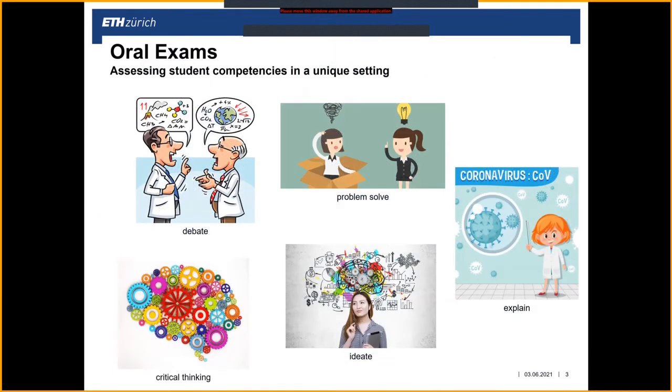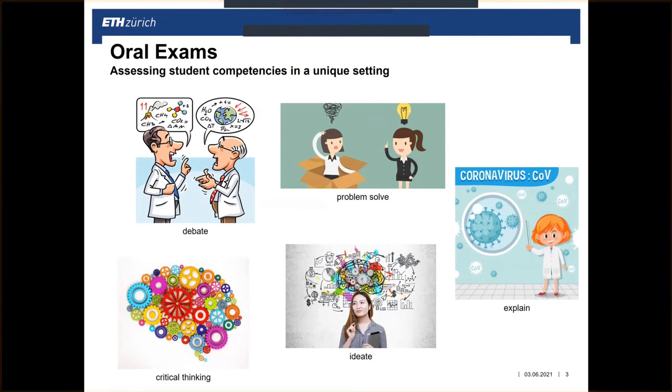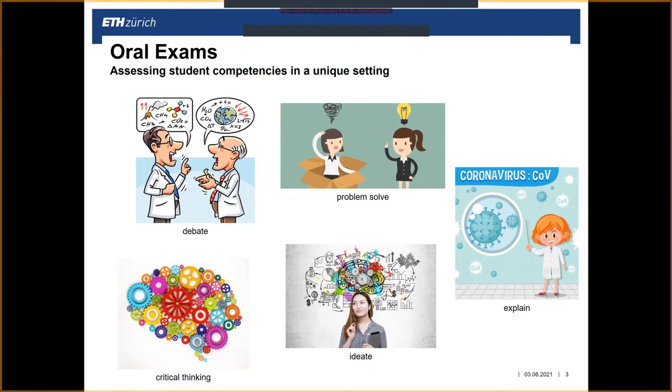So in the first event on oral exams, what the presenters talked a lot about is how oral exams really are a unique form of assessment. And I think what makes oral exams unique is that it allows you to assess student abilities that you could not assess at all in a written exam or in a project, or you would assess them in a very different manner.